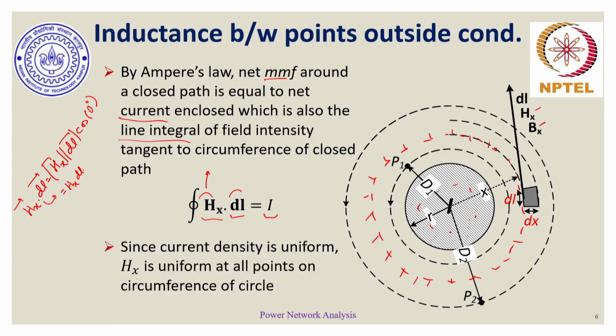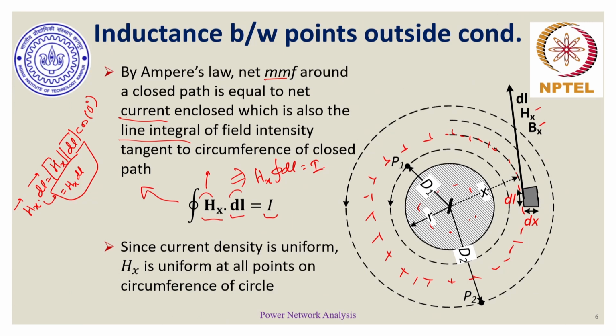In order to simplify, if I have to find this line integral, I can make use of two properties. One, the dot product is a simple scalar term, and h of x is going to be the same at any point I take on the circle of radius x. So essentially this integral can be simply stated as h of x times the integral of dl, which should be equal to I.